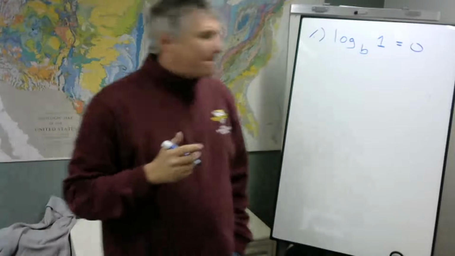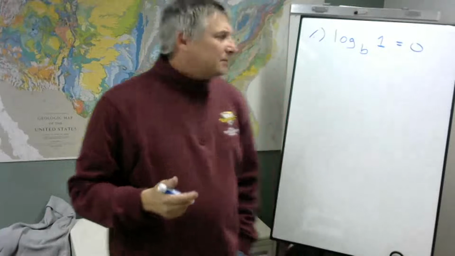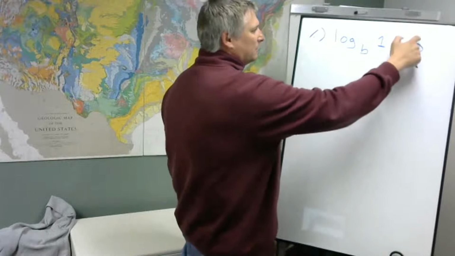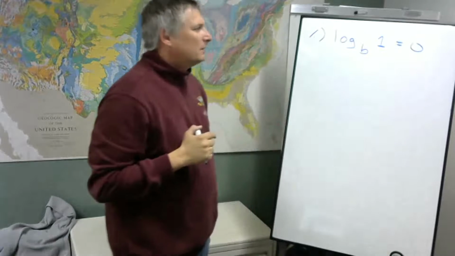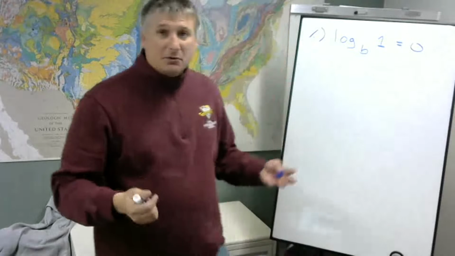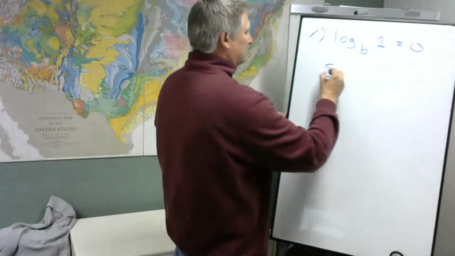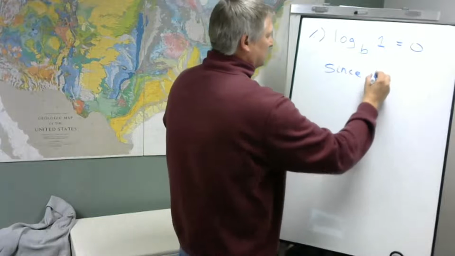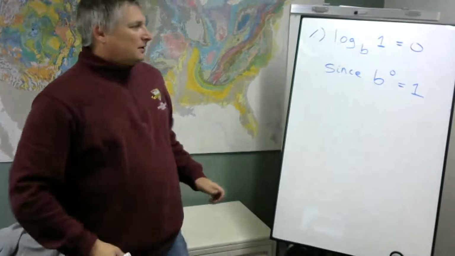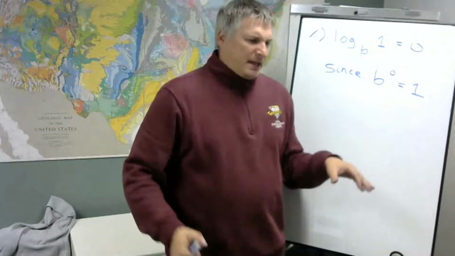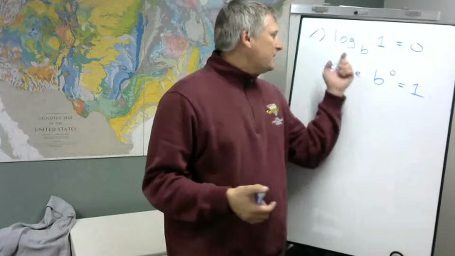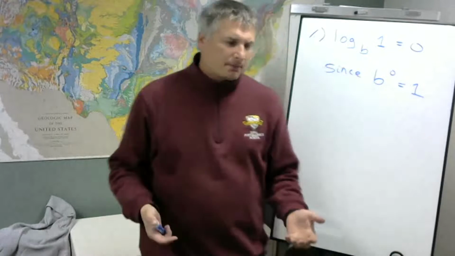Now, why is this true? Well, the reason is, if we think about what this represents, b to the 0 equals 1. So any number to the 0, other than 0 itself, is going to give you 1. So whatever number we choose for the base, and just to recall something, this is the inverse function for the exponential function.